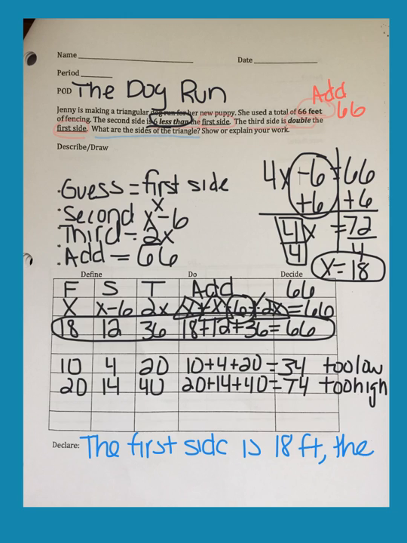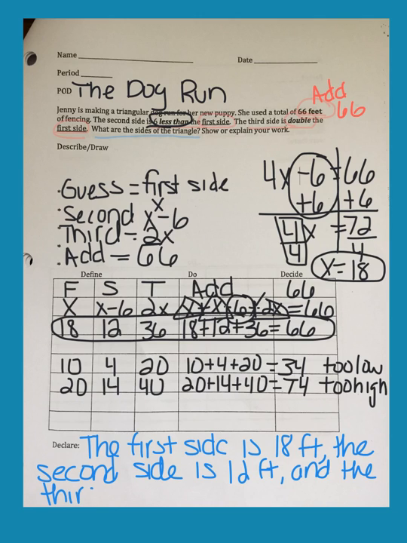The second side is 12 feet. And the third side is 36 feet.